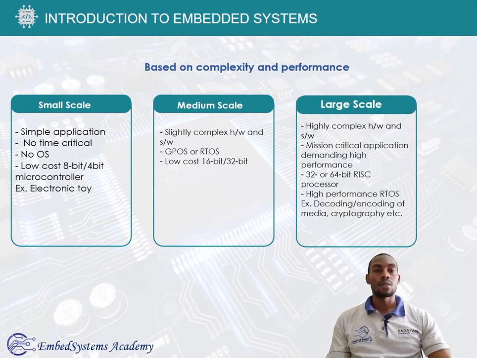And these use 32 to 64-bit processors. They even use high performance real-time operating systems. An example is systems that do decoding and encoding of media, audio, and such tasks. So based on complexity and performance, we have those three kinds of embedded systems.